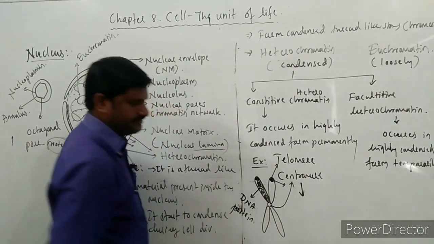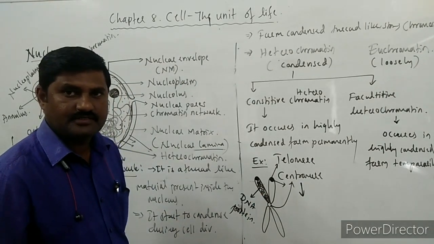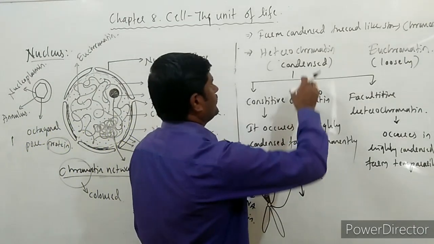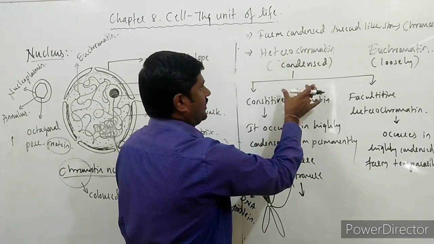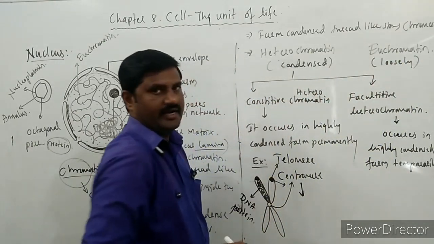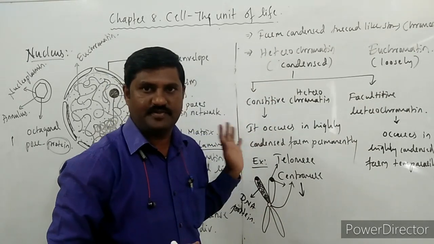Okay, so this is the composition of this chromatin network, right? So heterochromatin as well as euchromatin are the two types of chromatin, and in hetero there are two types respectively.